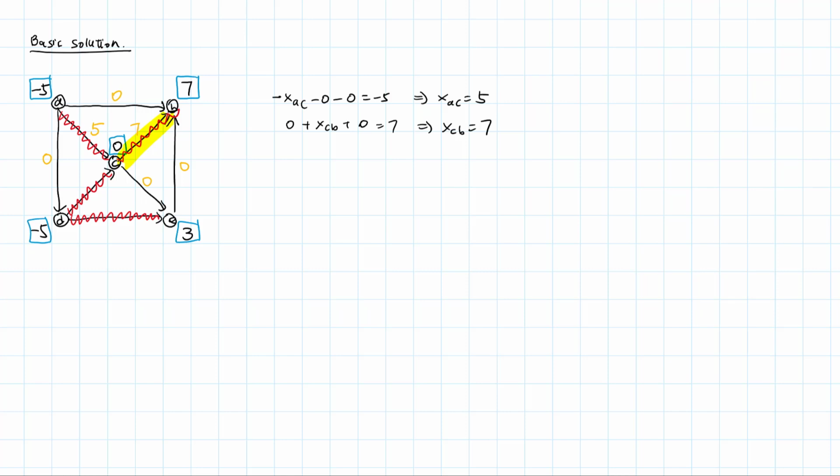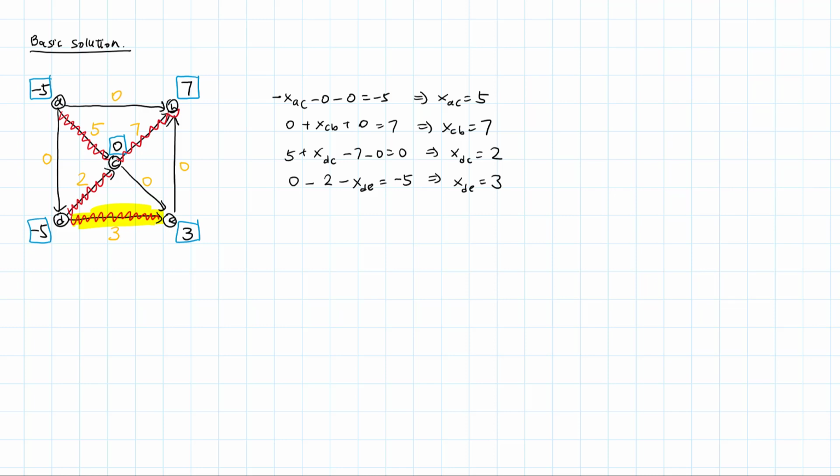And next, we look at node C. We have incoming arcs 5 plus xDC minus the outgoing arcs 7 and 0 is equal to the node demand 0. Solving this gives us xDC is equal to 2. And we can do the same thing for DE. That gives us xDE is equal to 3.